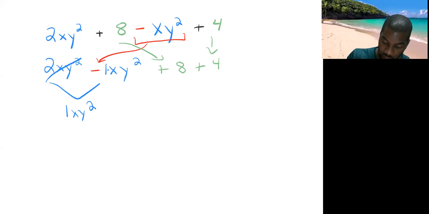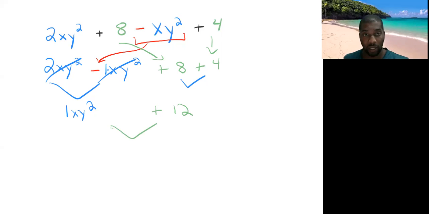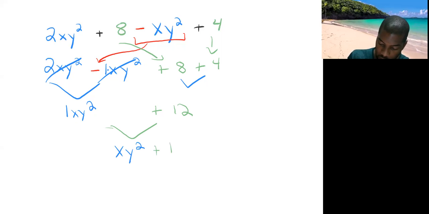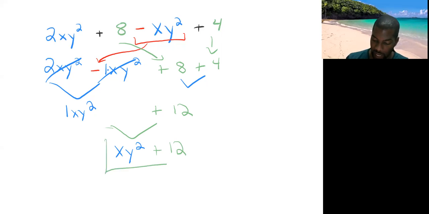So this has been taken care of. And then 8 plus 4 is the same thing as saying 12. So my final product is going to be 1 times xy squared. I don't really need the 1 there, so it's just going to be xy squared plus 12. And that's it, because I cannot combine the xy squared plus the 12. They don't have like terms.